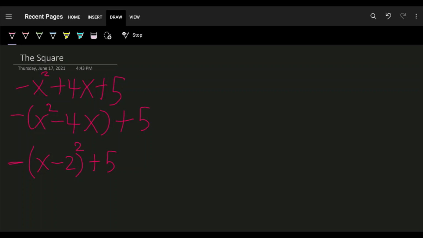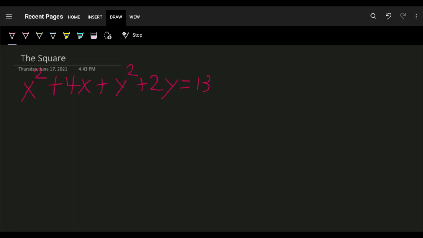It's positive 4 multiplied by negative 1 coefficient at the front of the parentheses. So overall, this part, the function, will be subtracting by 4 from the original. So in order to maintain equality, we'll have to add 4.